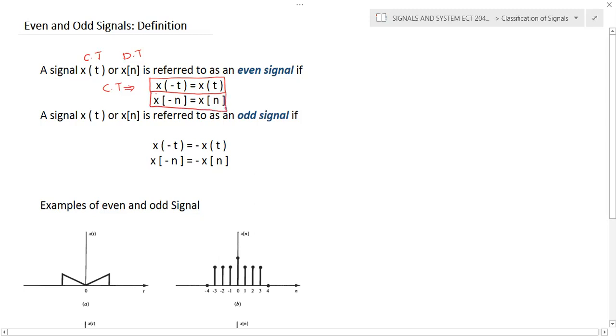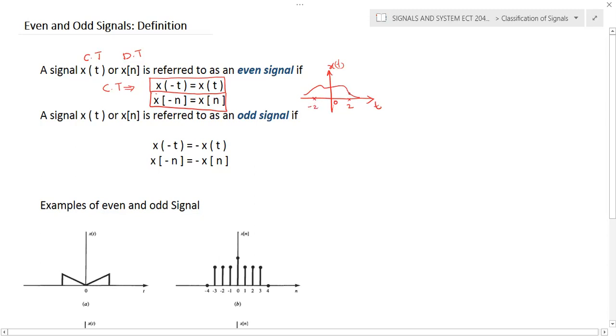Let's see one random signal x of t, or any arbitrary signal. Assume that this is a particular waveform of that signal. This is the reference point 0, and assume that this particular point is time t equal to 2, and this is time t equal to minus 2.